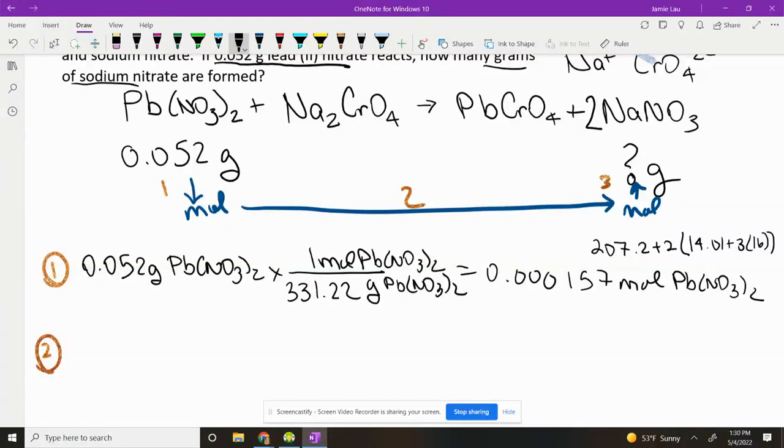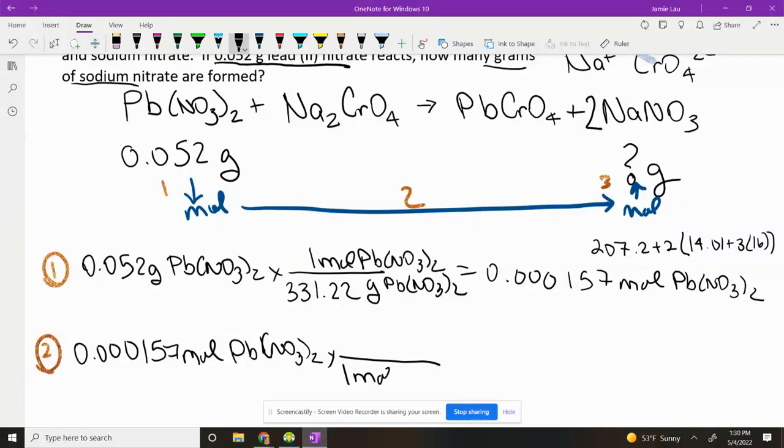Our step 2, now we need to convert moles of our lead nitrate to moles of our sodium nitrate. So I have 0.000157 moles of lead nitrate. And I know there's 1 mole of lead nitrate for every 2 moles of sodium nitrate.